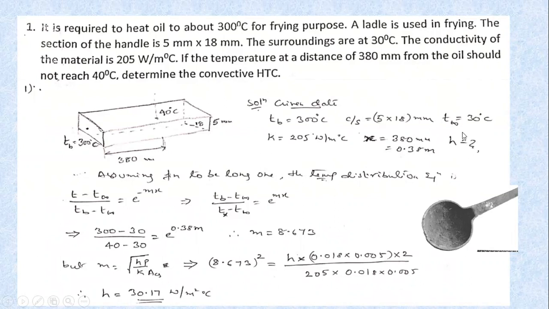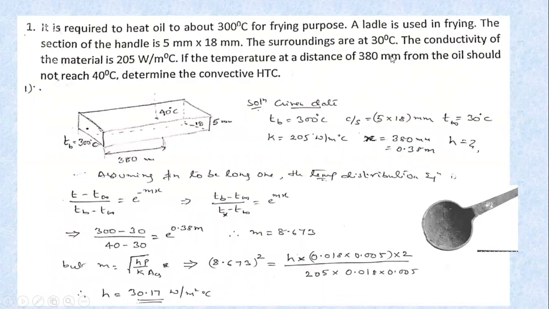So we need to find the value of h at a distance of 0.38 meters. Since the length of the fin is not specified, we are assuming this to be a long fin. And what is given, we have to find out.